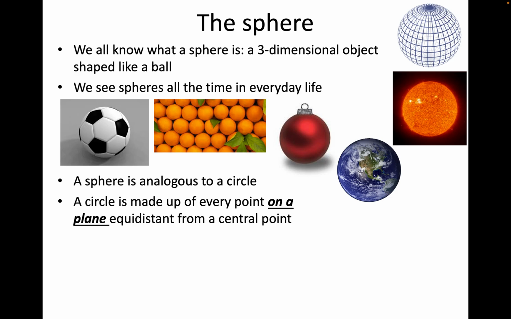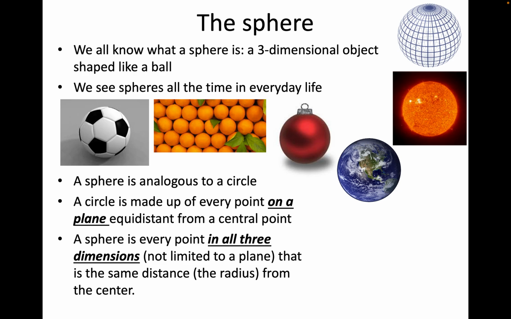A circle is made up of every point on a plane that is equidistant from a central point. So again, if I take that central point and I take all the points on a plane that are that radius distance away and draw them all, I draw a circle. Similarly, if I do that same thing but don't limit it to a plane, I do it in all three dimensions.